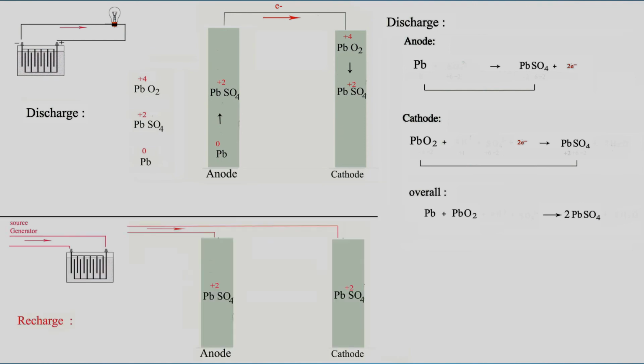Now, when it comes to reversing, you power it by the motor which generates power to push this PbSO4 back into Pb for the anode and PbO2 as the cathode. And now this reverses and it can start all over again. Summary.